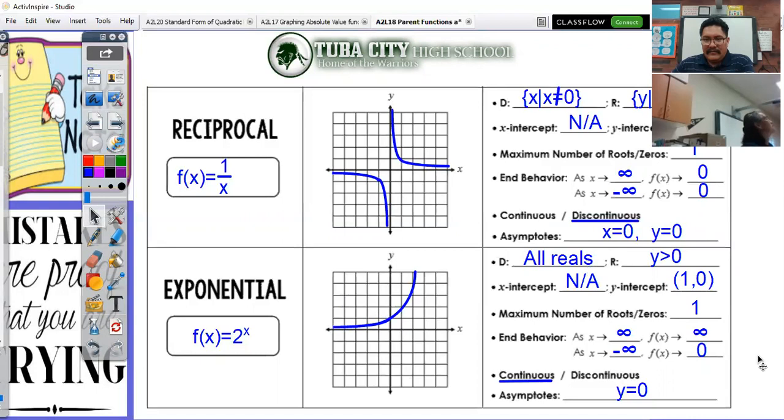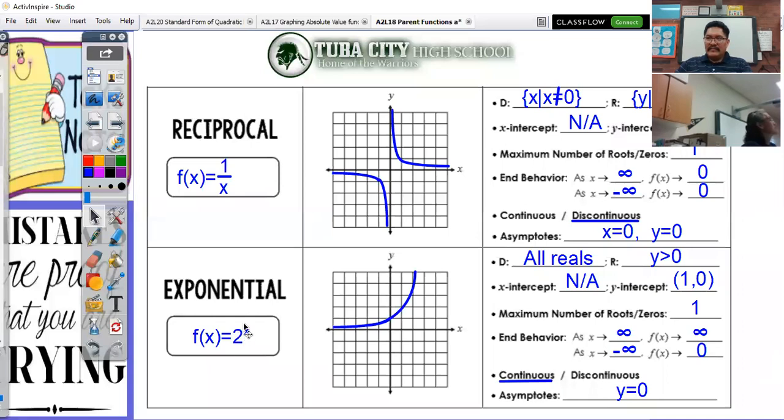All right, I've got to fix that one later on down the road, probably after this. Maximum number of roots: again, I can move that graph down a little bit and it will cross the x-axis one time, but I'd have to mess with the parent function. Oh yeah, and this one's also 2.